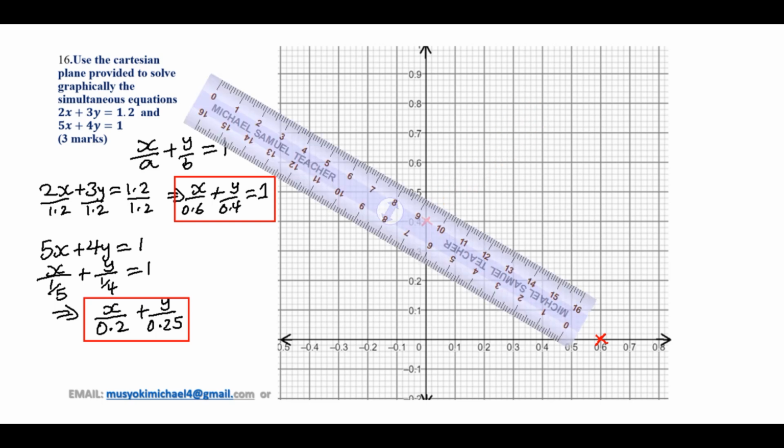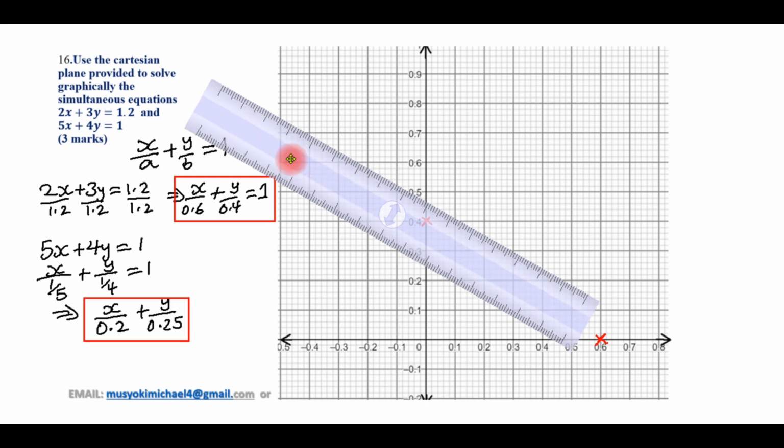Then I use a ruler and I join the points.